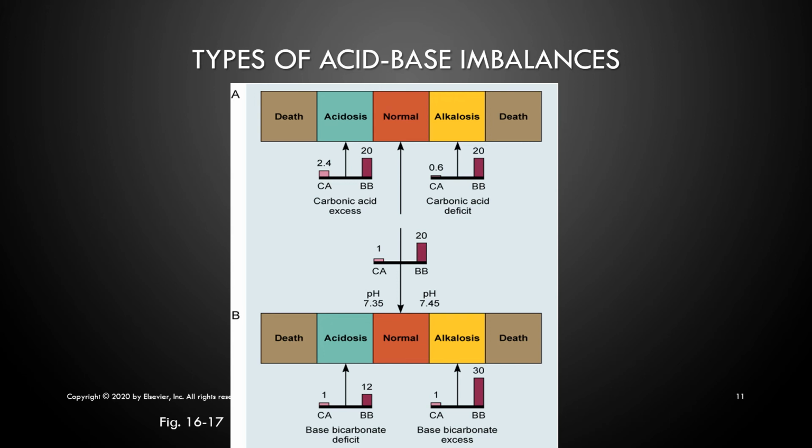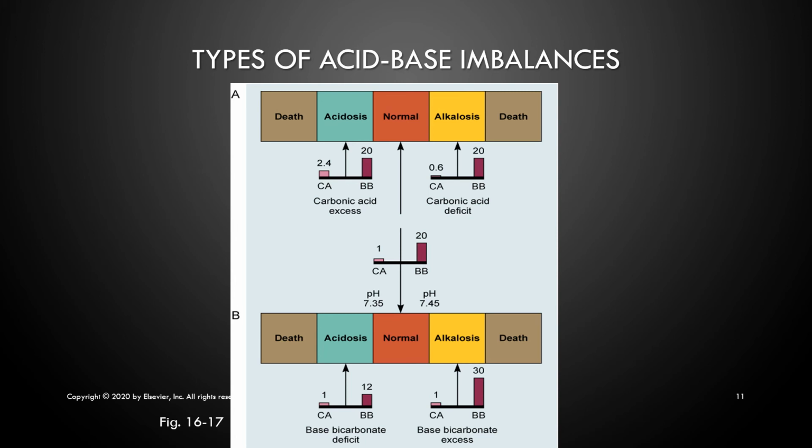Now, the lower part of this chart, we're going to see what happens with the metabolic changes. If you notice, the carbonic acid stays at 1. It's not changing. What is changing is the bicarbonate. So it is a metabolic change. It is whether or not our kidneys are getting rid of too much bicarbonate. They're allowing too much to leave the body, or it doesn't have enough, which is going to result in acidosis because that 20-to-1 ratio is off.